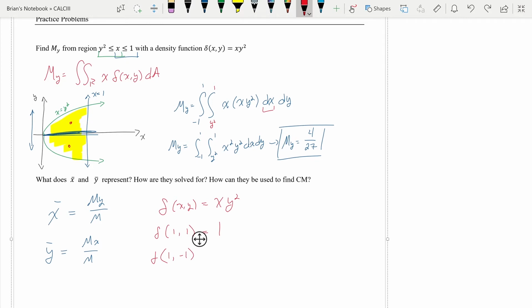We're just testing either side of the x-axis, keeping x the same, and we get 1 again, because of that y squared. We could try the same thing for y of 2, which would come out to 4, and the same thing would happen if we did -2. So we know it's symmetric across the x-axis, so our y bar is just 0. Our y bar is just the x-axis. So y bar is equal to 0, because it's symmetric.